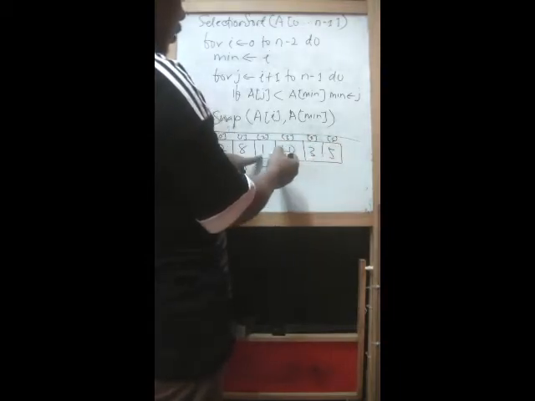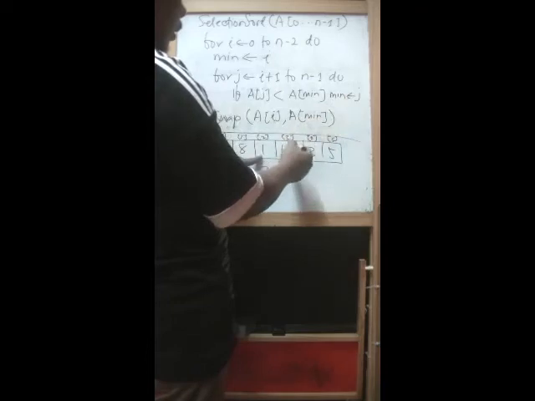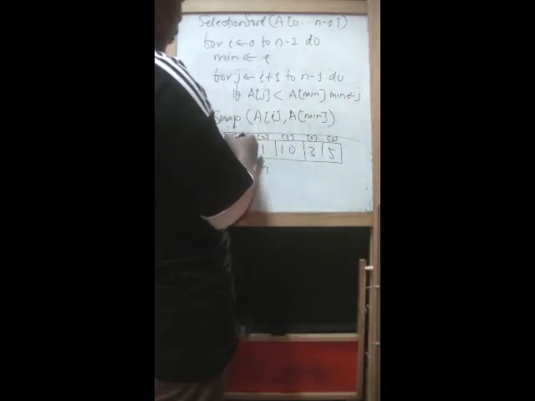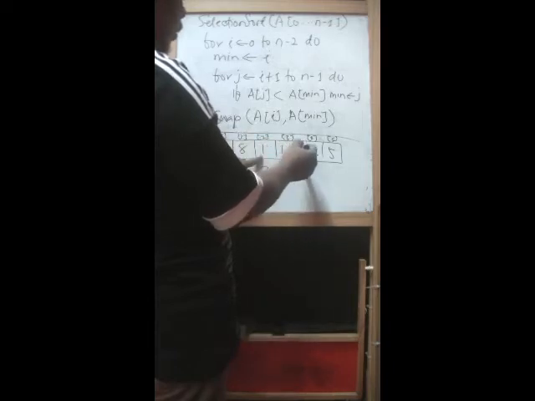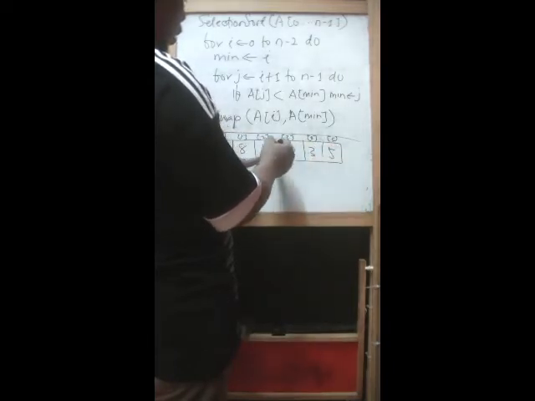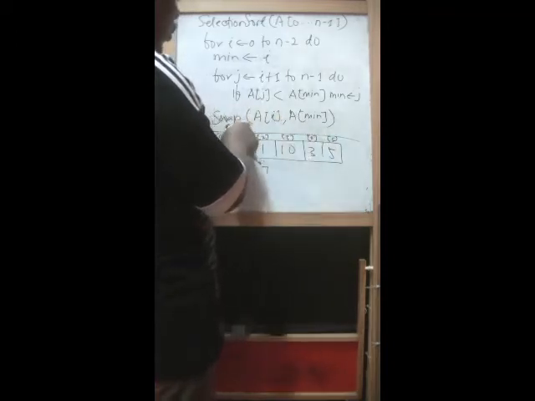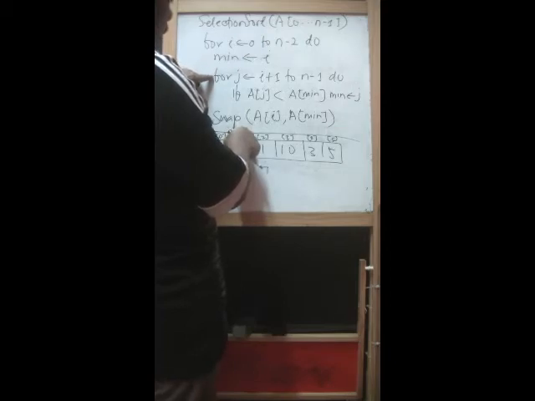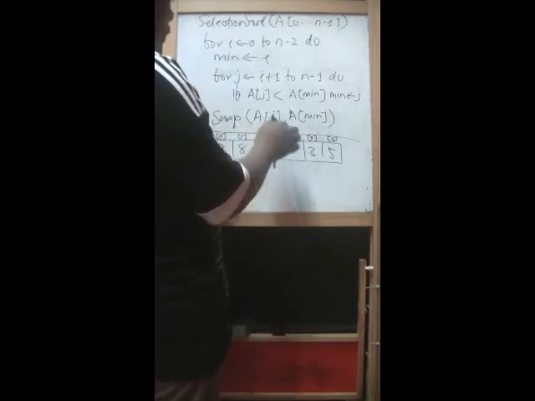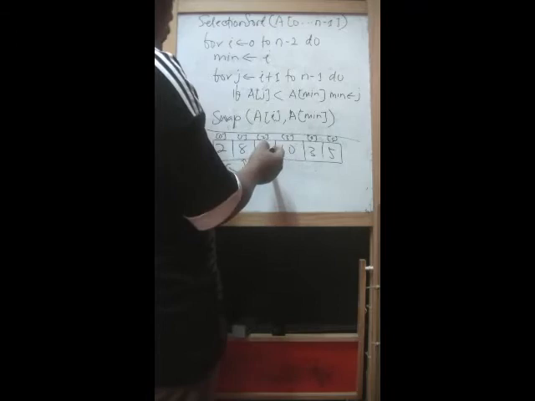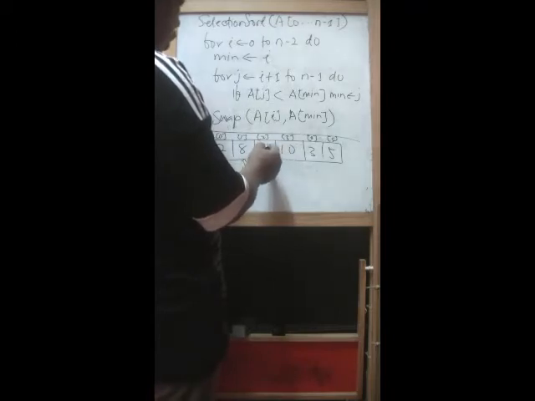When we update the minimum here, we compare just now 2 less than 1, and after that this is actually the minimum, so next is the swap after we finish the loop. The swap is outside the loop, which is the swap of i here and 2.